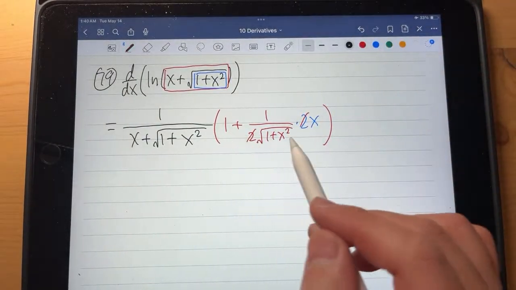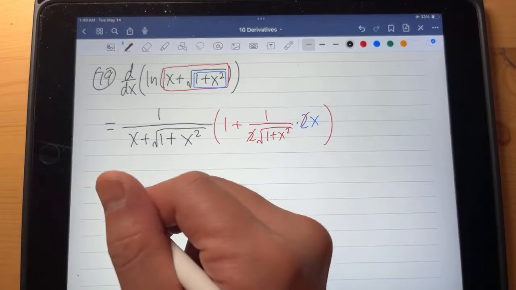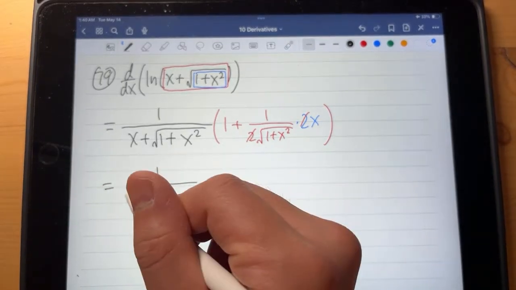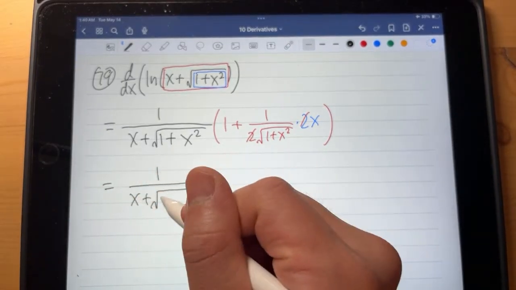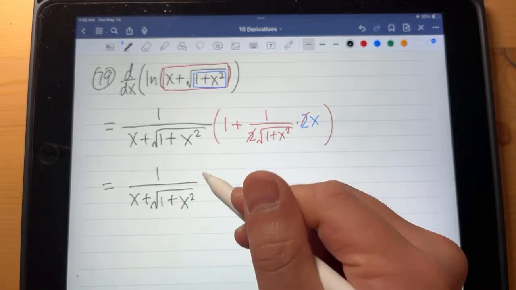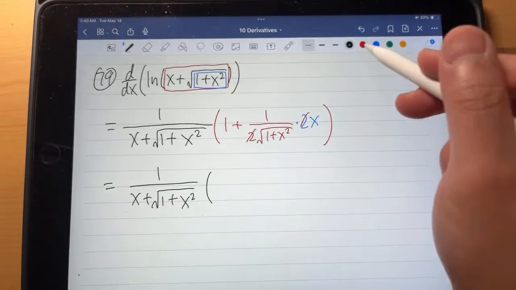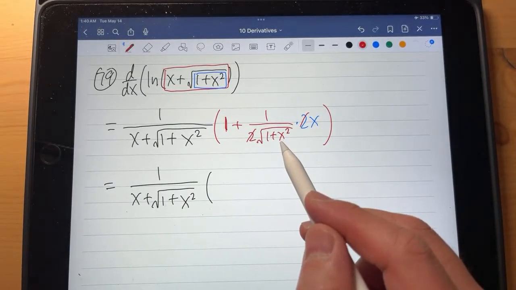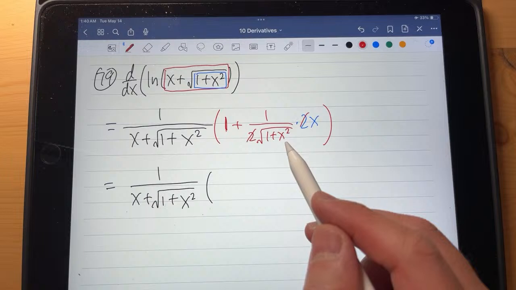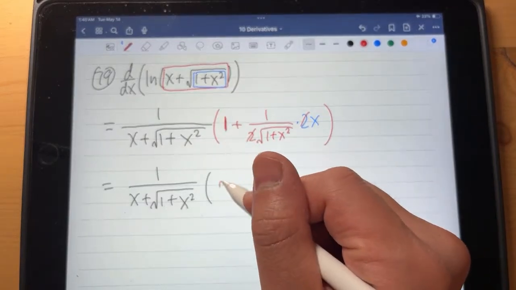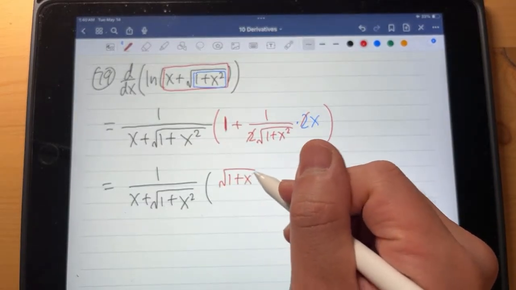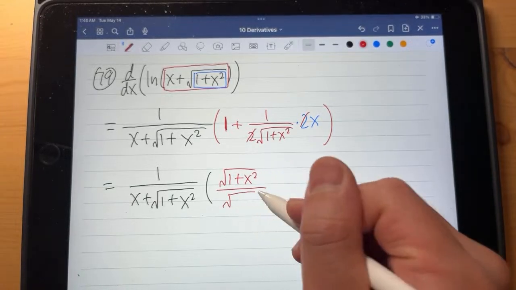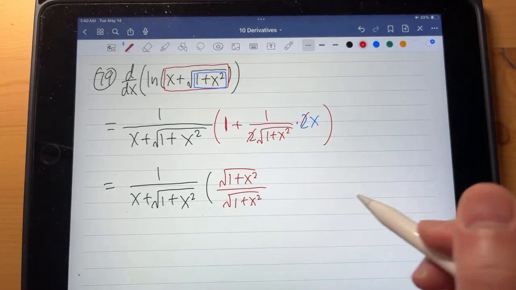And then for this, I'm going to combine the fractions. So I'm going to write down the front part again. For the 1, pay attention to the 1 right here. The denominator is square root of 1 plus x squared. So change the 1 to square root of 1 plus x squared over square root of 1 plus x squared.